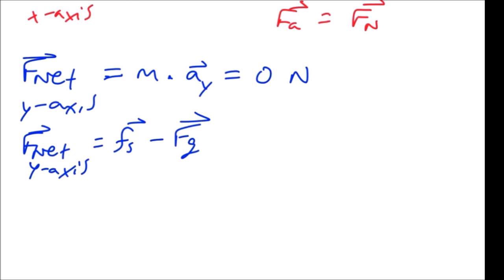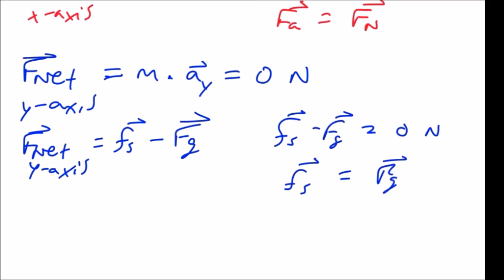So now what do I do with those two? Set them equal. So we're going to say then the force of friction minus the force of gravity is equal to 0 newtons, which means the force of friction equals what? Force of gravity. It has its own equation, right? M times little g.